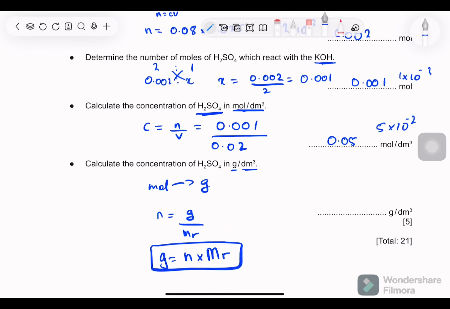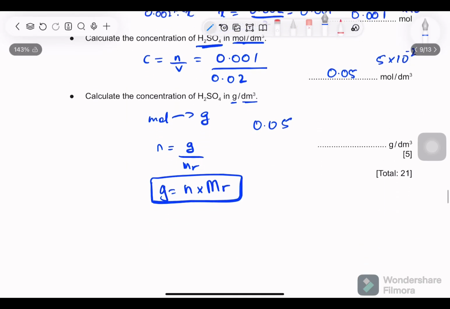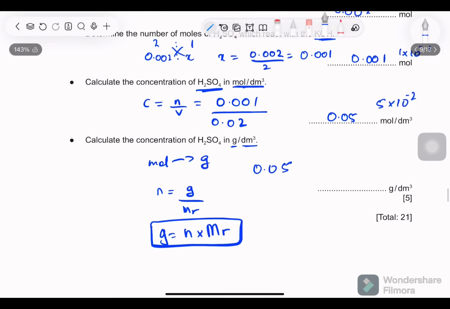So the number of moles of H2SO4 was 0.001. But what we have to do is, the concentration of 0.05, we have to multiply this by the Mr. The Mr is, if we look at the periodic table, you will find sulfur is 32.